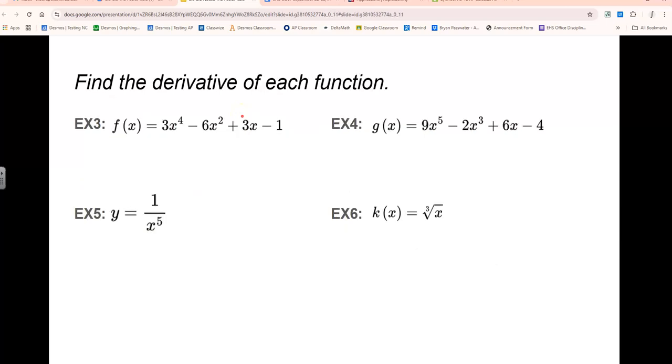So just to make sure we've really got it, let's see for 3. For this, Zach, what would I get for number 3? Beautiful there.